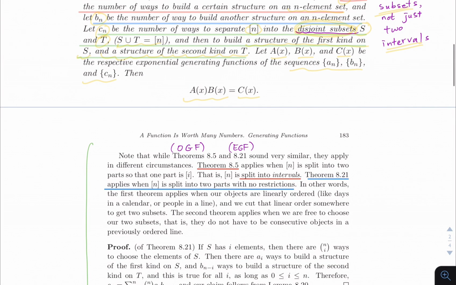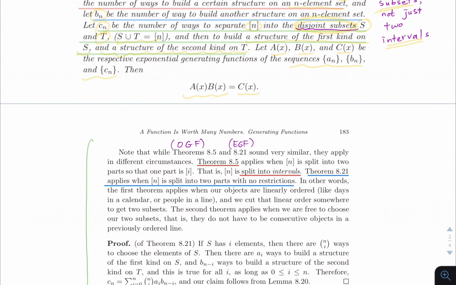Those are the differences between this product formula and the previous one using ordinary generating functions.